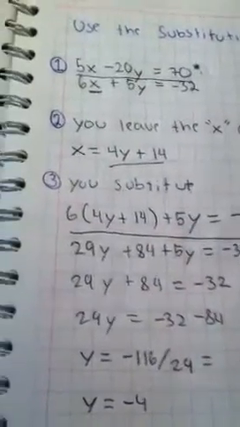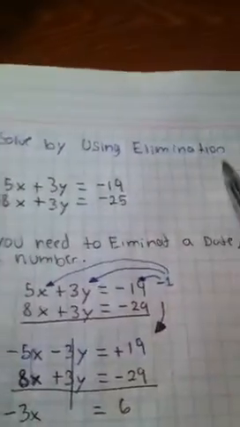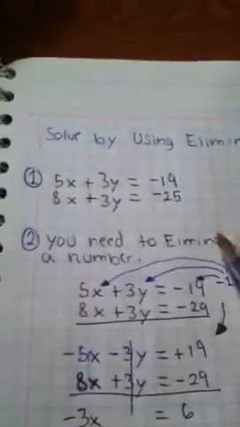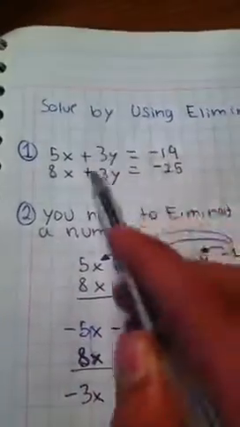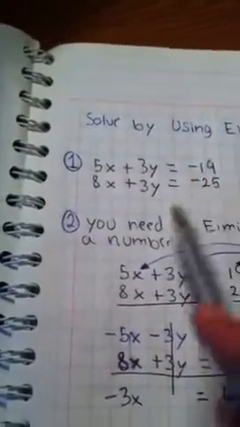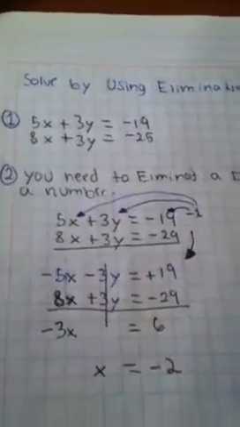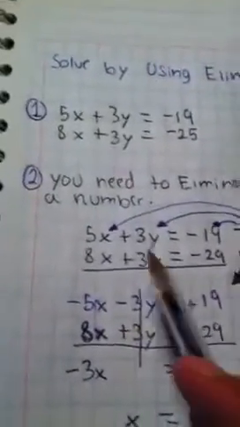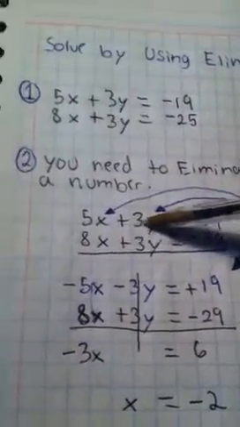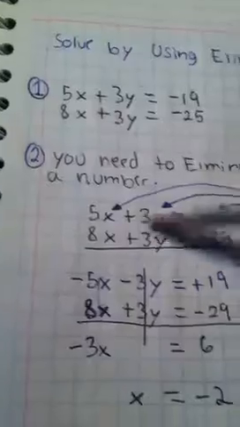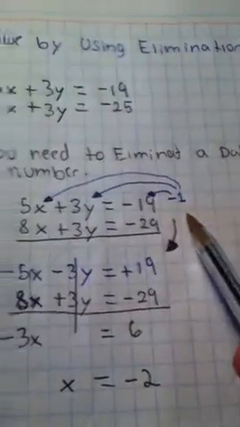The next is solve by using elimination. First, you have the equation. In the equation, you need to eliminate a variable multiplied by a number. It's very easy. You only need to use -3, because to eliminate those numbers, you need to multiply by -1.